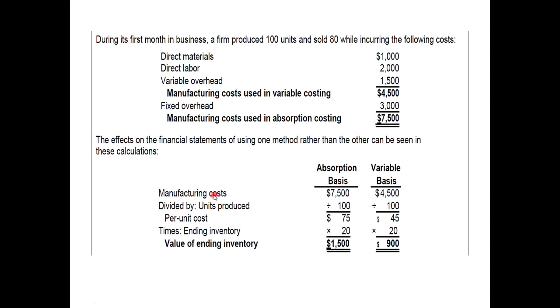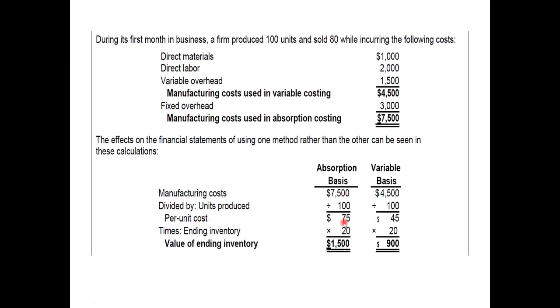If we have ending inventory, manufacturing costs 7,500, and the manufacturing cost under variable costing equals 4,500 divided by units produced, because these are the total manufacturing costs, 100 units produced, per unit cost.